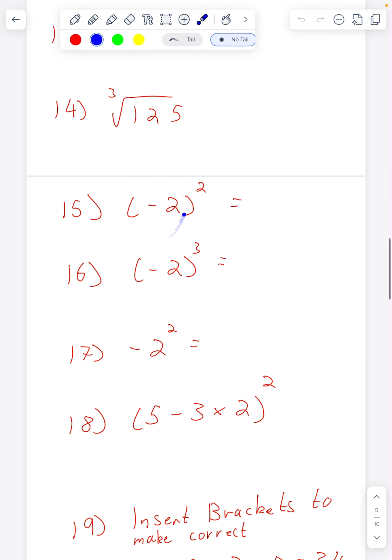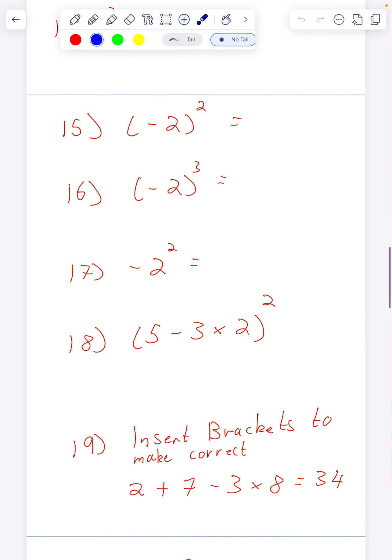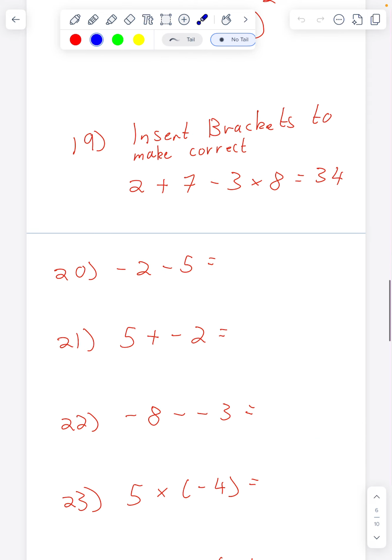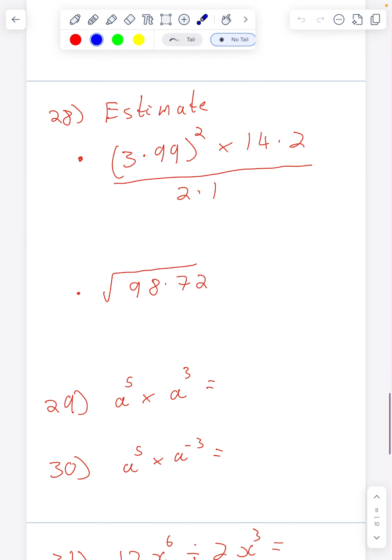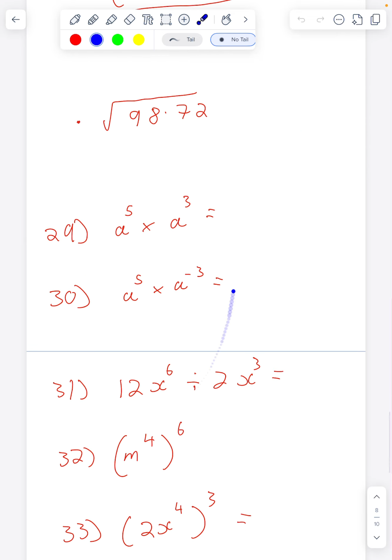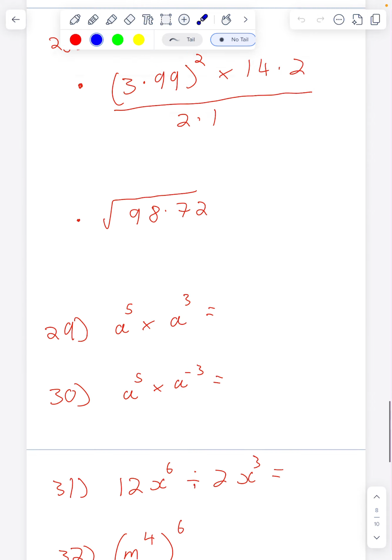And you've got squares of negatives, so quite awkward questions. A bit of BIDMAS and a bit of directed number, but it's just like negative number stuff that can often cause a bit of mayhem. And then a bit of estimation, a bit of rounding to significant figures and to decimal places, and then a bit of indices work. Okay, so this is what we'll go through in this video.